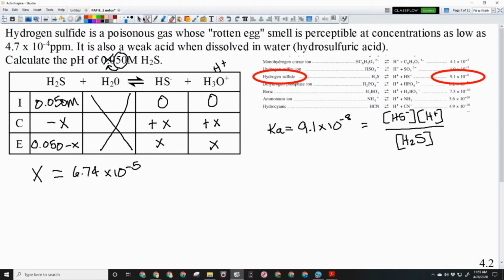So if x is equal to 6.74 times 10 to the negative fifth, that is what we would put here. So if I erase this, and this is 6.74 times 10 to the negative fifth, of course, that very exact same thing is going to go here. And we can calculate this.